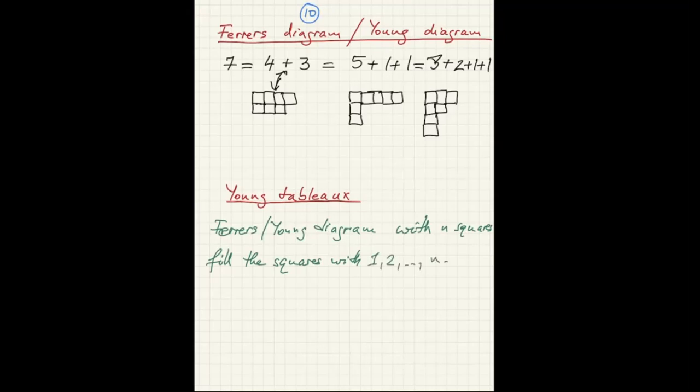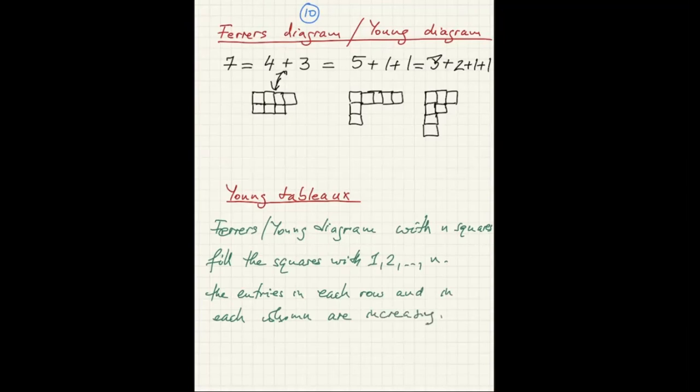So each square gets one of these numbers, and the rule is that the entries in each row and in each column are increasing.